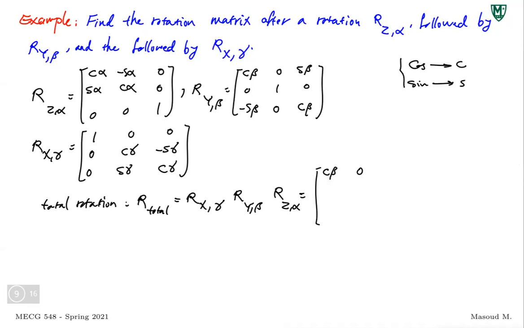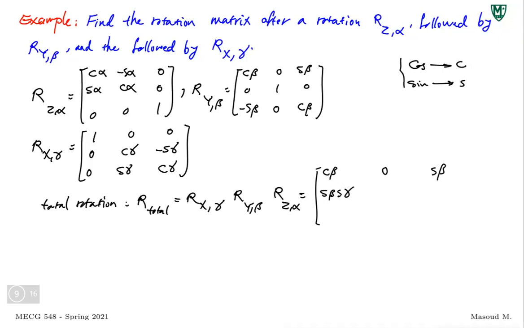First row by third column becomes sine beta. Let me spread them a little bit so I have room. Second row of Rx gamma multiplied by the first column of Ry beta gives 0, sine beta, sine gamma.